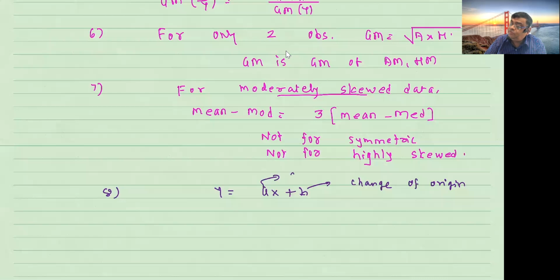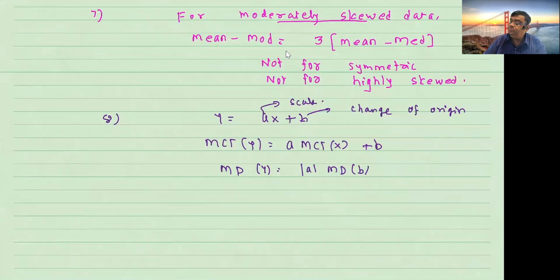Multiplication is the change of scale. Any measure of central tendency of y is a into measure of central tendency of x plus b, and any measure of dispersion of y is modulus of a into measure of dispersion of x.